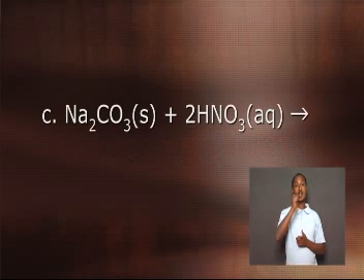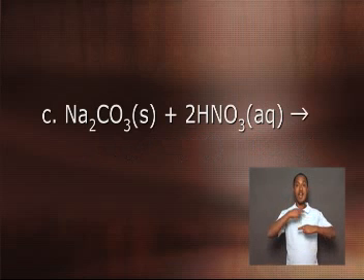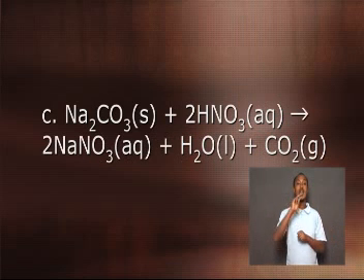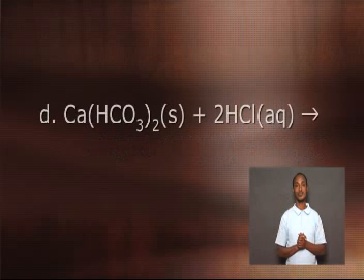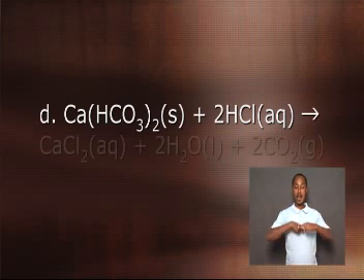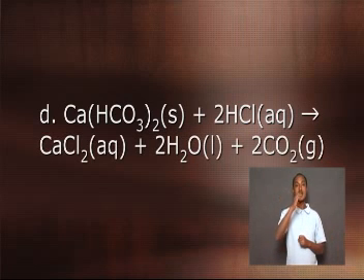Sodium carbonate and nitric acid react to produce 2 sodium nitrate, water, and carbon dioxide. Calcium bicarbonate and hydrochloric acid react to form calcium chloride, 2 water, and 2 carbon dioxide.